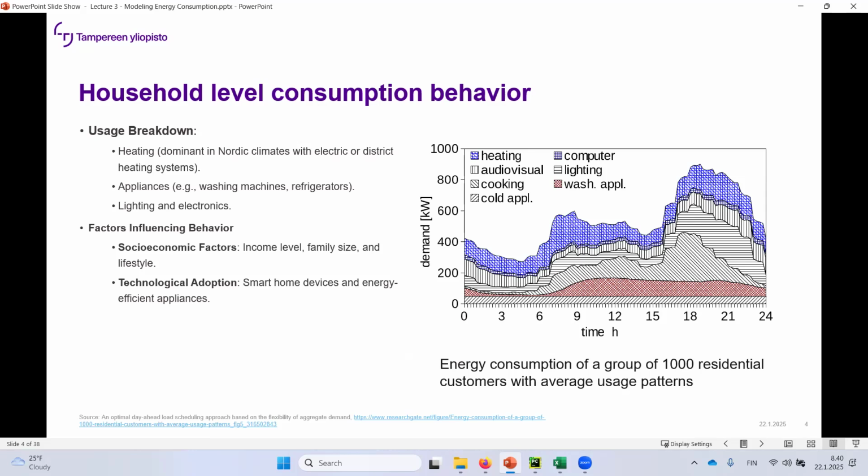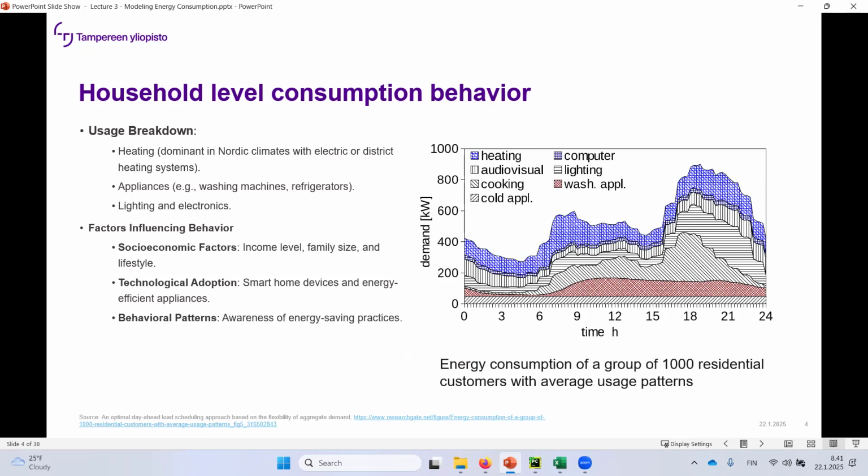So family size affects technological adaptation, smart home devices, energy efficient appliances, and nowadays, especially when you can make contracts with the electricity company, you have this flexibility in your demand. So if there's a lot of electricity demand in the network, you are flexible, so you can tone down your consumption.